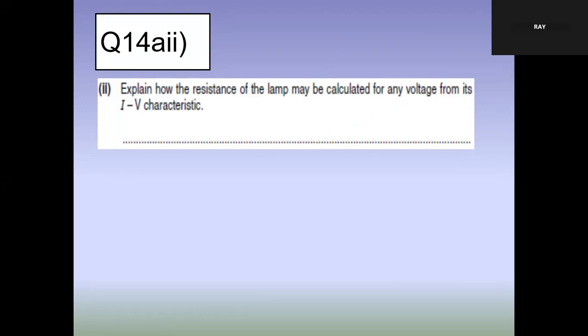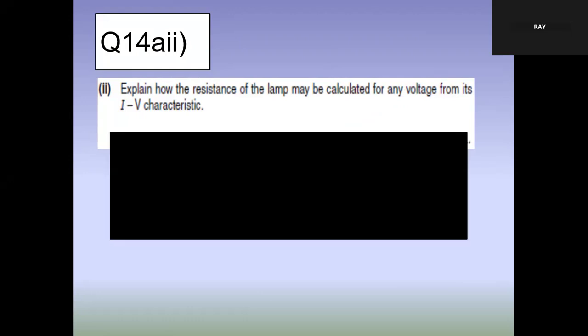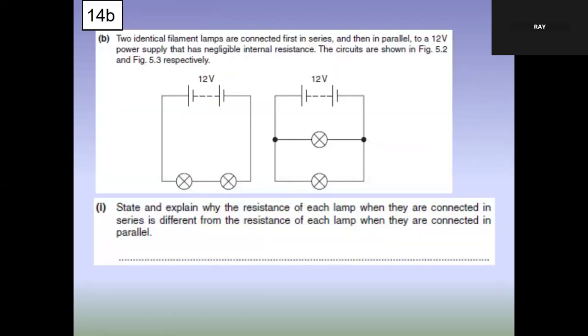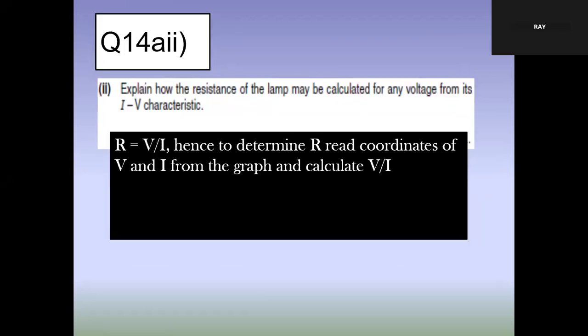Isn't it just V over I? That's all. R equals V over I. Hence, to determine R, read the coordinates of V and I from the graph and calculate V over I. Okay or not? Yep.